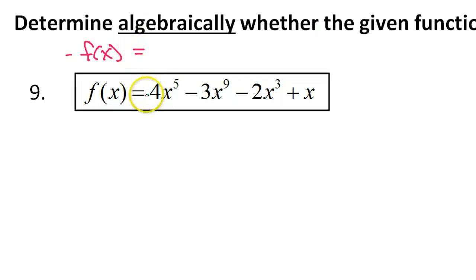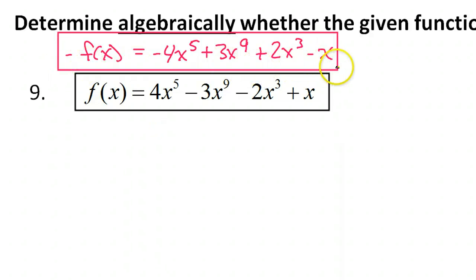And that's just the function you would get by multiplying by -1 through everything. Alright, so that would give us negative 4x to the 5th power plus 3x to the 9th power plus 2x to the 3rd power minus x. And let's put a box around that as well. Alright, we'll be comparing back to that in a moment.